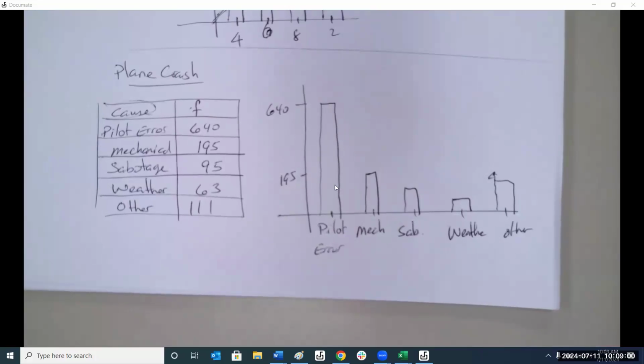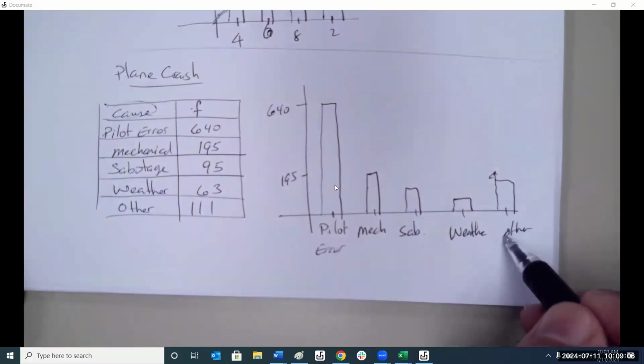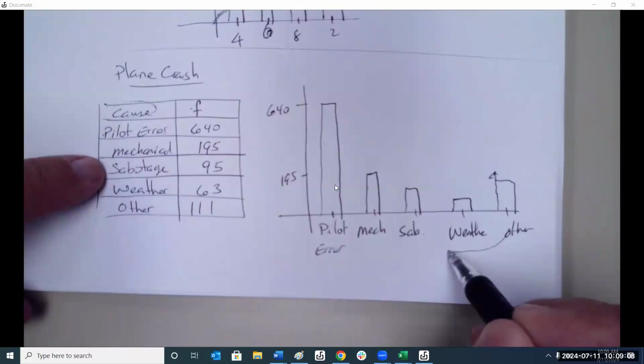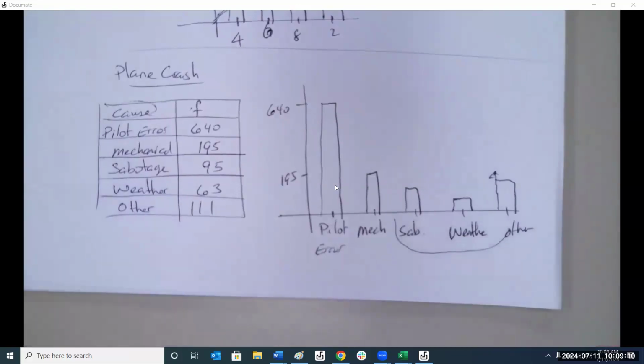Now, the reason you would leave it like that, because normally the other would be between your mechanical and sabotage because it's decreasing, but because mechanical is made up of so many other things, it's bird strike, it's drone accidents or other collision with other airplanes.